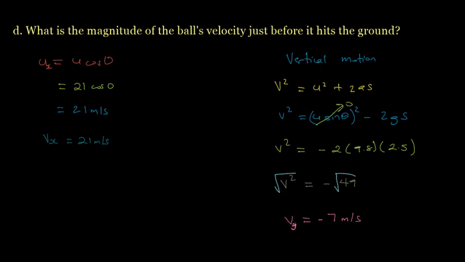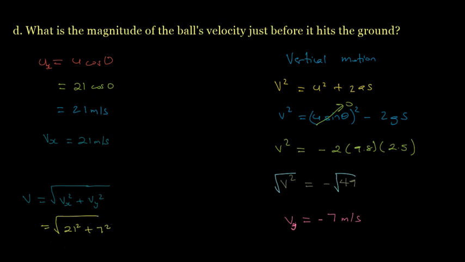So our final velocity just before it hits the ground will be V, which is equal to the square root of Vx squared plus Vy squared. Vx is 21, so we have 21 squared plus, taking the magnitude of Vy, 7 squared.